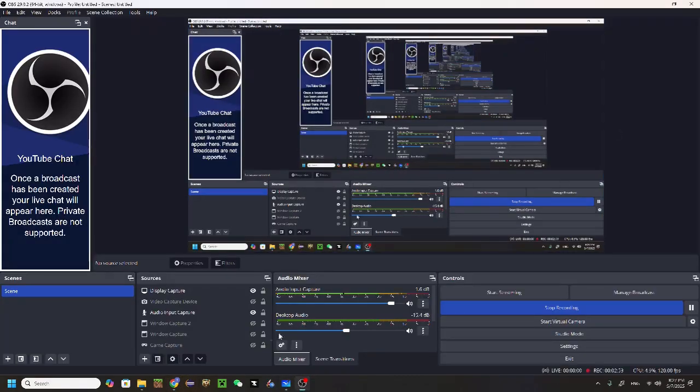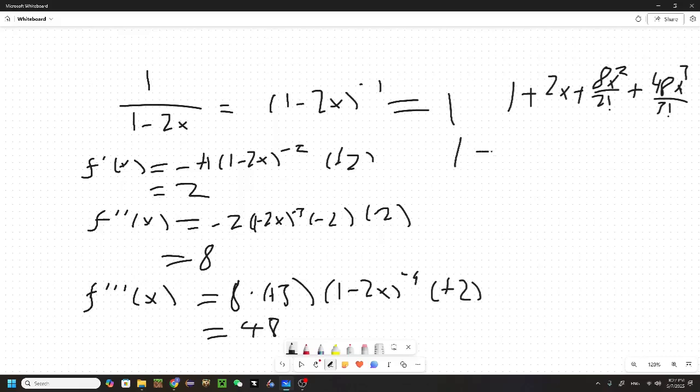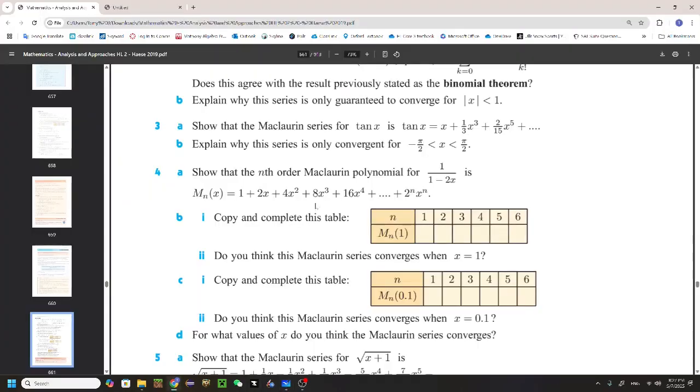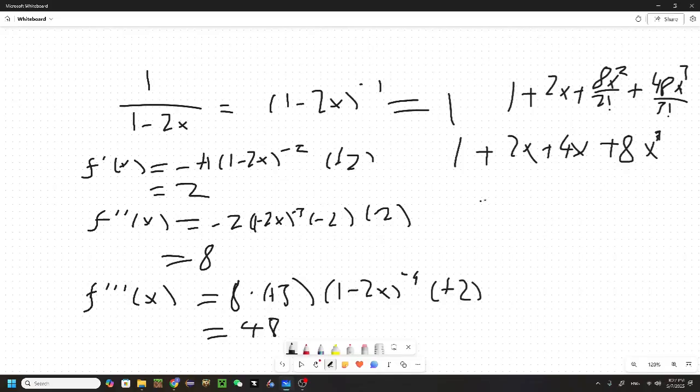They just have it simplified, and we can simplify this as well: 1 plus 2x plus 4x squared plus 8x cubed, if I'm not mistaken. Yes, that should be correct. And of course this goes to 2 to the n times x to the power of n, because we can see the pattern here, this increases exponentially with 2 to the power of n.